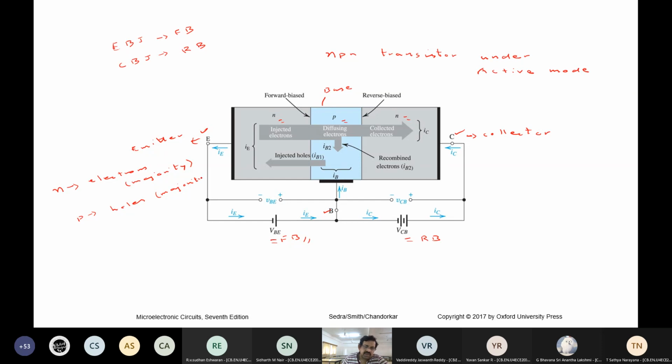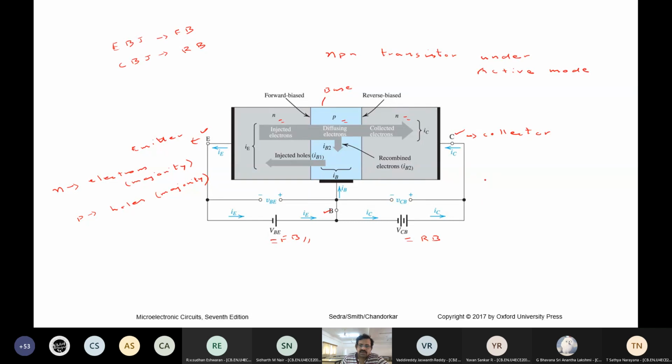Now, let us focus on the emitter base junction and talk about the current. You can already see the direction of the current, and let me explain how these directions are marked. First, this emitter region has majority carrier electrons. Under the influence of forward bias, we know that the electrons from the N region will diffuse into the P region. They will readily flow under forward bias, as in the case of a diode.